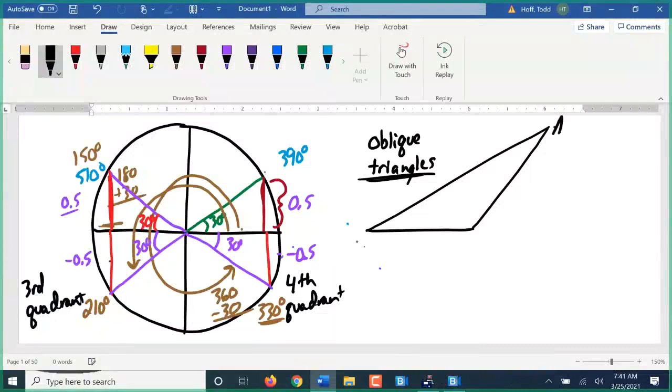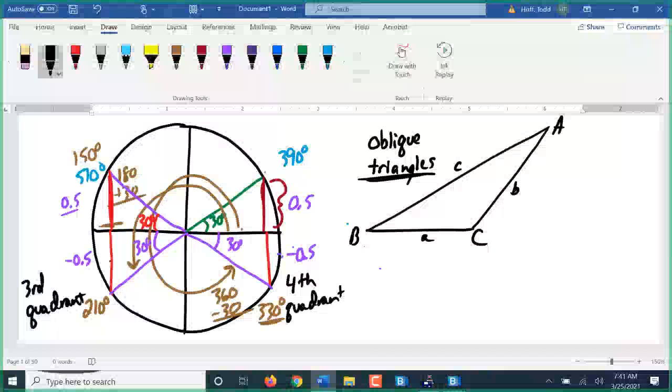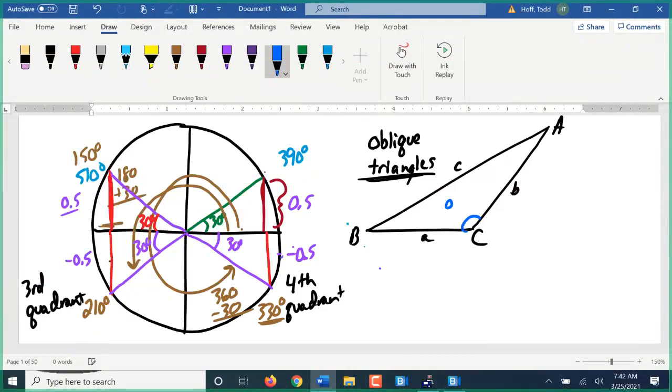If I call it triangle A, B, C, of course we'll have sides little a, little b, and little c. We label the sides by the angle that they're across from again. There's obviously no right angle in this, so it's not a right triangle. But we do have angle C here, which is an obtuse angle.